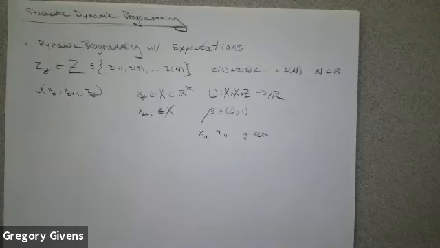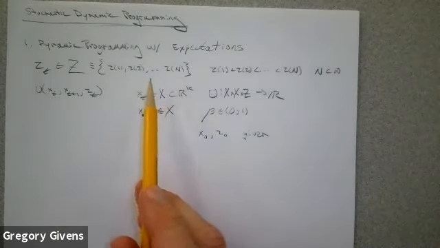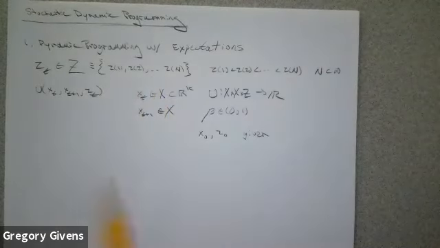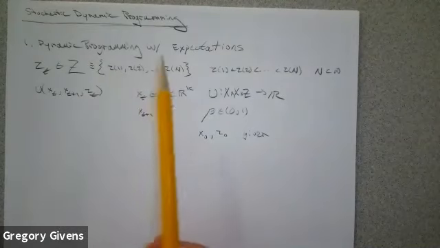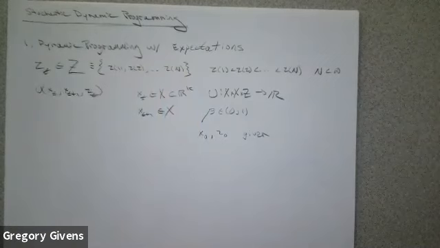So the z's are observable. They're just not known ex ante. We know what the z's could possibly be. For instance, when you flip a coin, Ben, you know that it's either going to land heads or tails, but you don't know every period what the event is actually going to be.